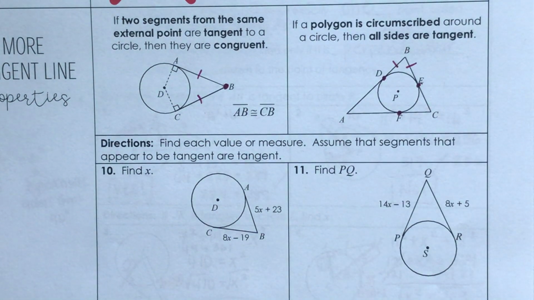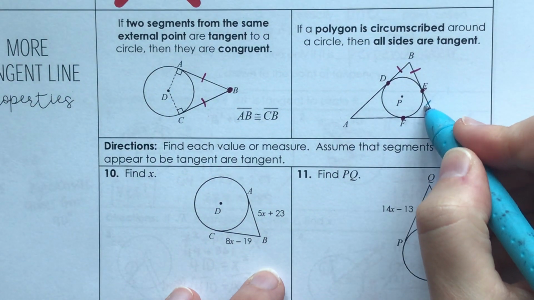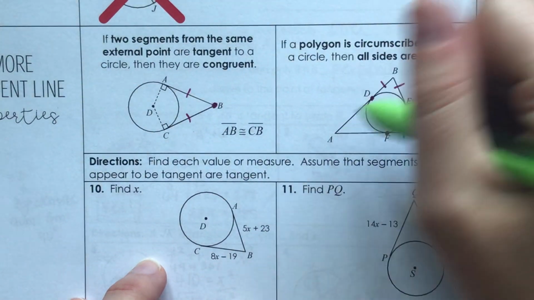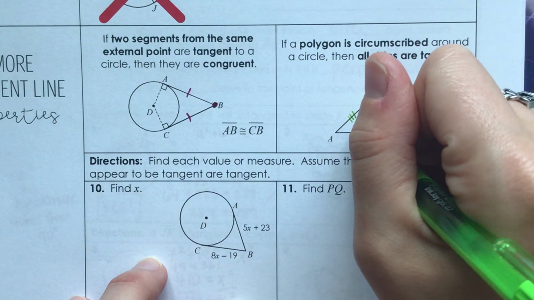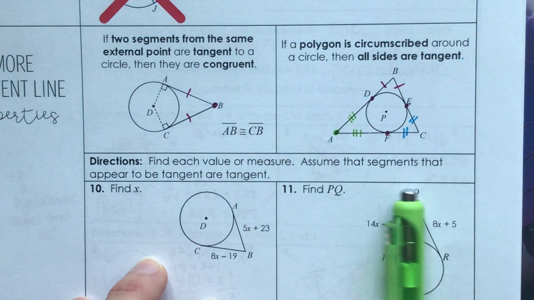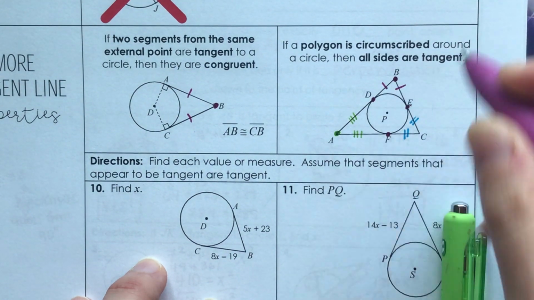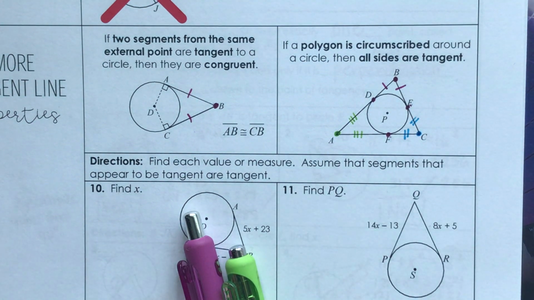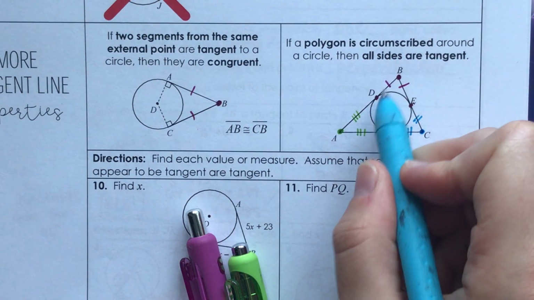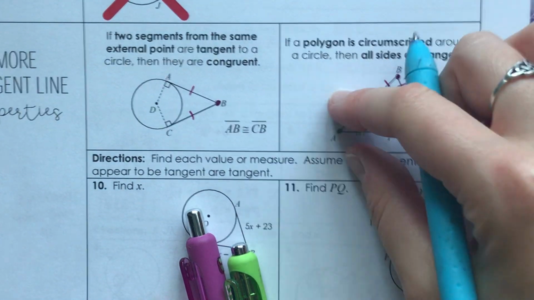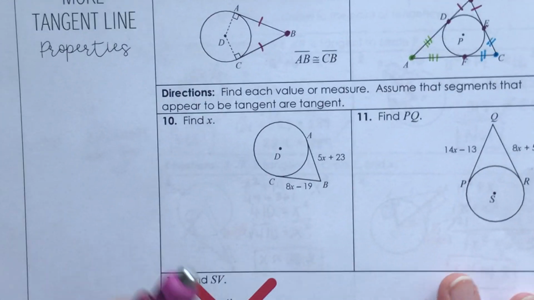EC and FC are exactly the same, or congruent, and AD and AF are also congruent. So whichever point they share, those two sides that share that same point are going to be congruent to one another. So it's almost like I've got 3 little party hats. The two sides that make up the same party hat are going to be exactly the same. It's kind of how I think about it.